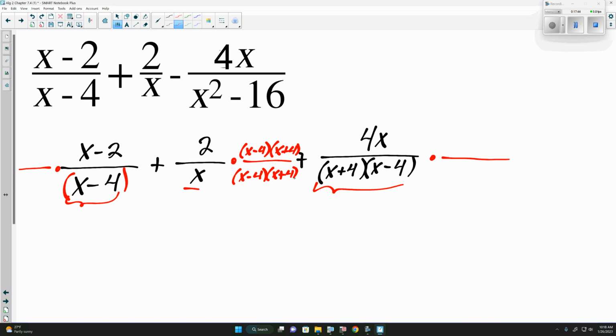x plus 4 shows up in the last one, yes? How many times? So in each of these denominators, we only need it 1 time. So that means in the first one, we do need x plus 4. So that takes care of those. We have x minus 4 and x plus 4 now across all 3, yes?